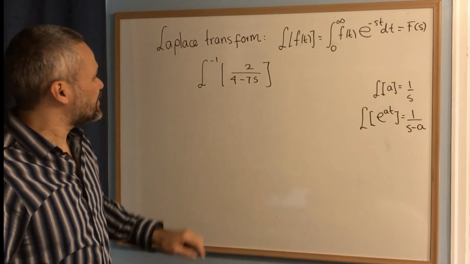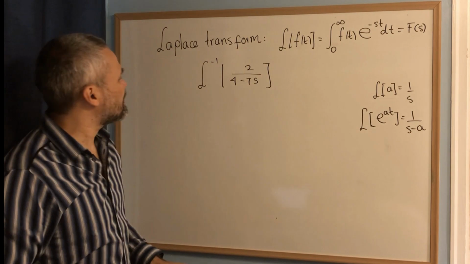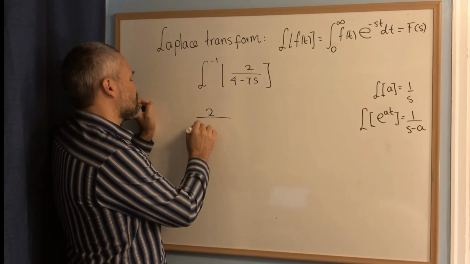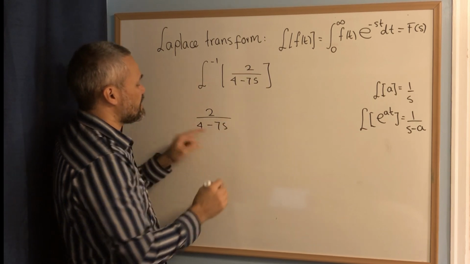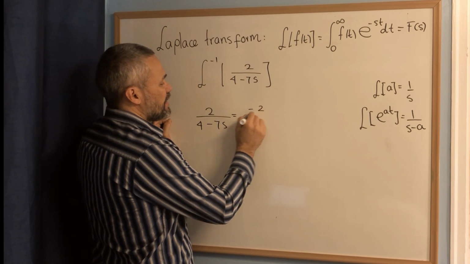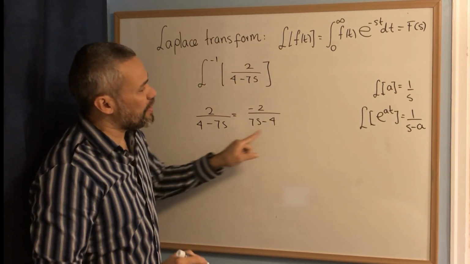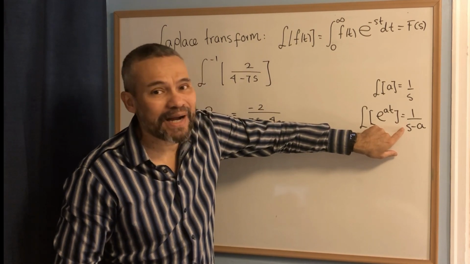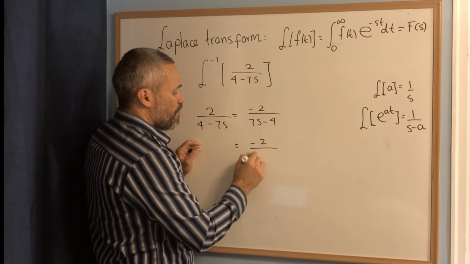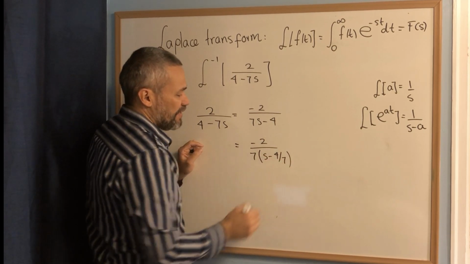How do we do that? Somehow this function is similar to this function, but let me rewrite it. Instead of writing 4 minus 7 times s, let's make the s positive. Let's multiply by negative 1, then negative 2 over 7s minus 4. And we notice that here we need to have a 1. Then I'm going to write it as negative 2 over 7 times s minus 4 over 7.